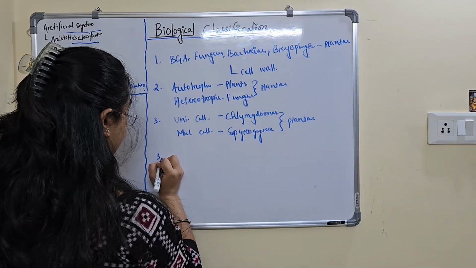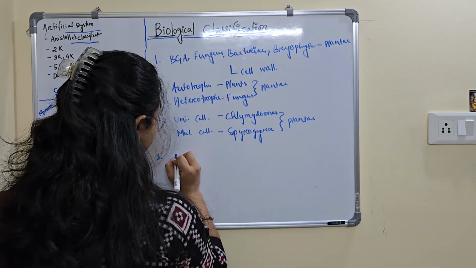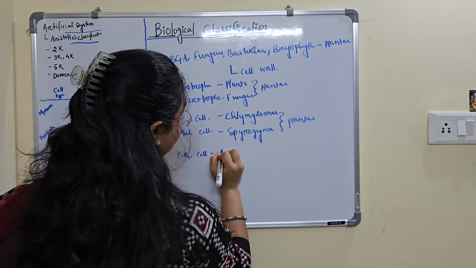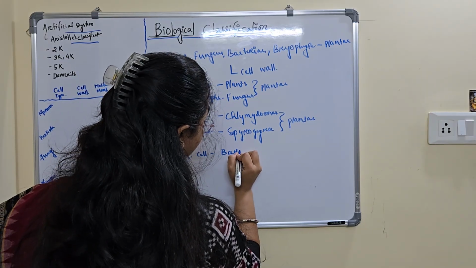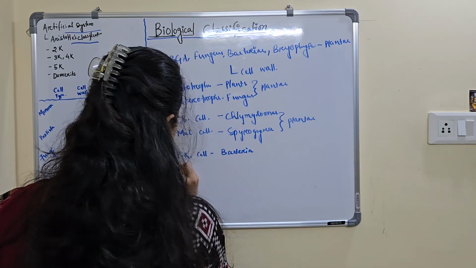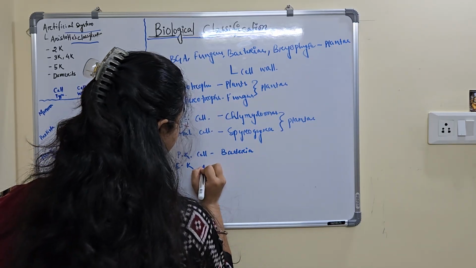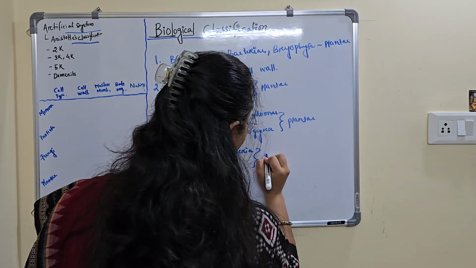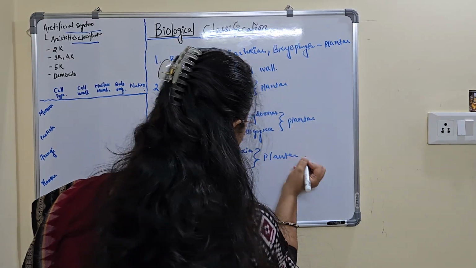Again, he placed the prokaryotic bacteria with the eukaryotic blue-green algae under the same group, that is Plantae.